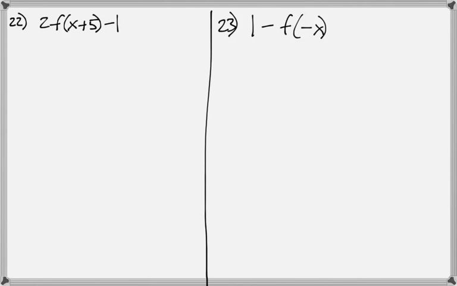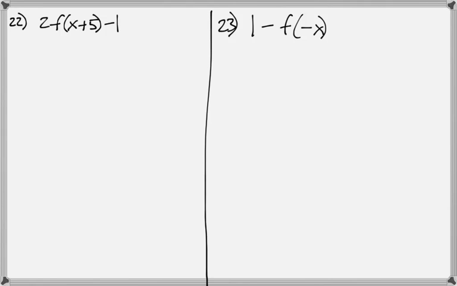But with these numbers that are placed here, meaning the 2, the plus 5, and the minus 1, the transformations will be the same. So we have three different things to worry about here.